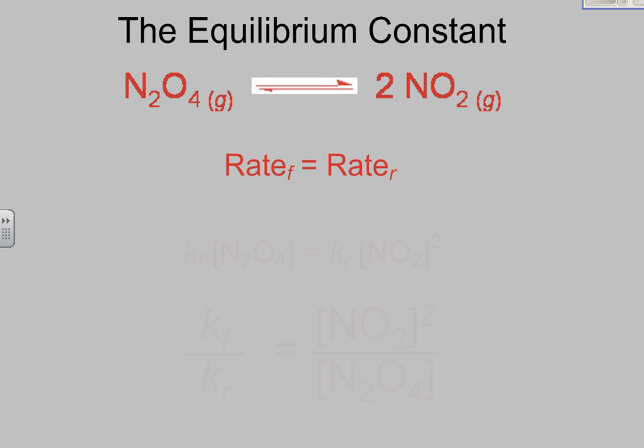If we look at this quantitatively, with the rate forward equal to the rate reverse, the rate reverse would be equal to a constant times the concentration of the NO2 squared. The rate forward would be equal to a constant times the concentration of the N2O4.